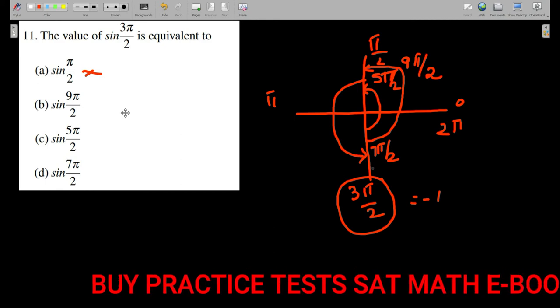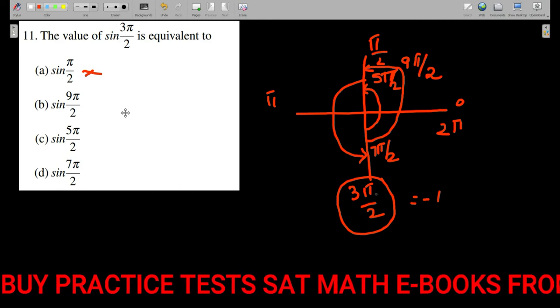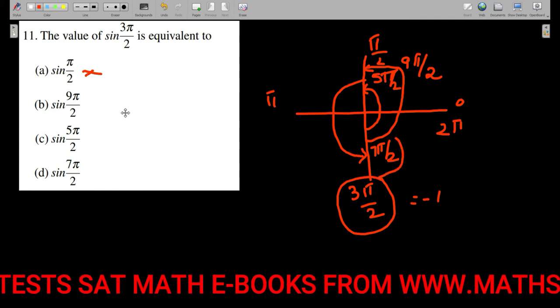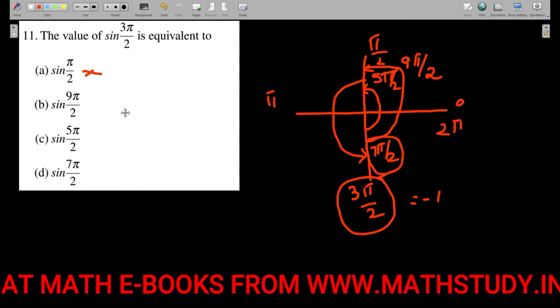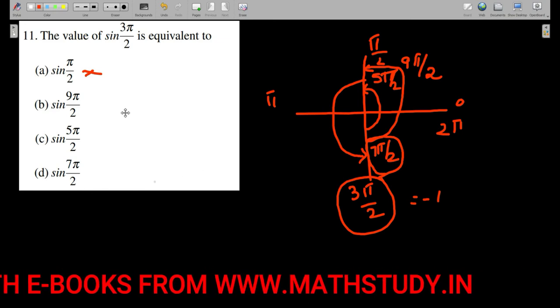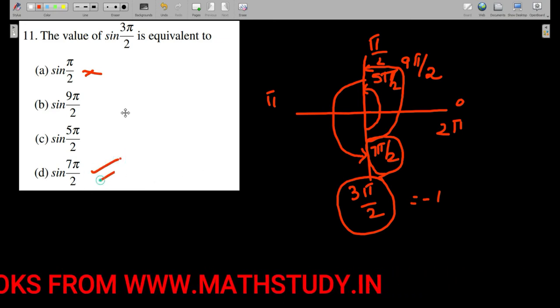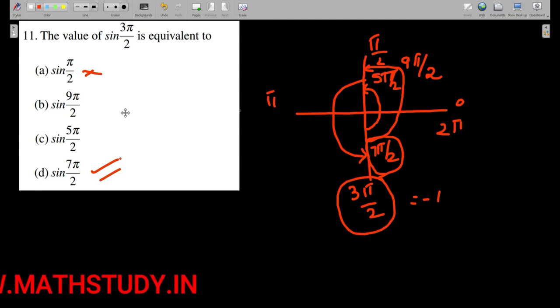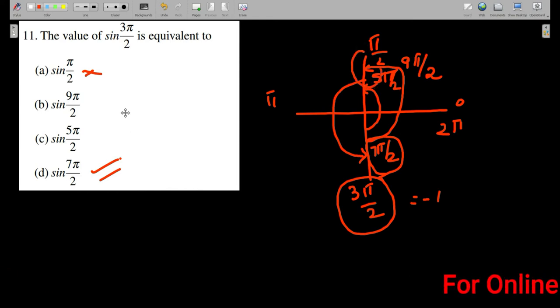So here we have to find 3 pi by 2 obviously. So sine 3 pi by 2 is equivalent to what? 7 pi by 2 here. So that means our option number D is correct here. Getting the point? So 7 pi by 2, because sine 5 pi by 2 is nothing but sine pi by 2.